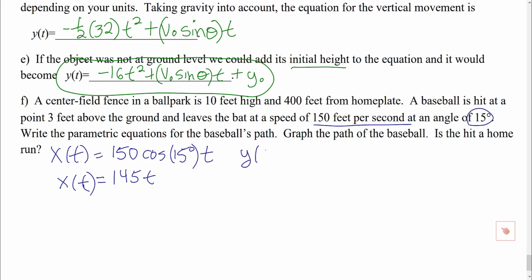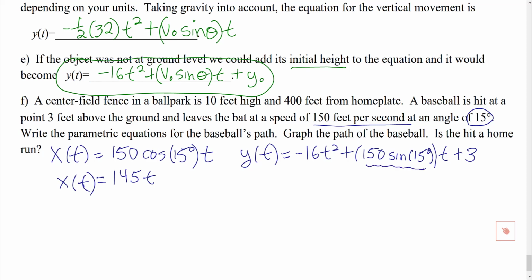And then to figure out our vertical position, we have the negative 16 t squared on the front of it because gravity is pulling it down, plus we have the 150 sine of 15 degrees, and then we need to put a t on that, and then on the end we have plus 3 because the bat where it was hit was up 3 feet. Now let's go ahead and work this.